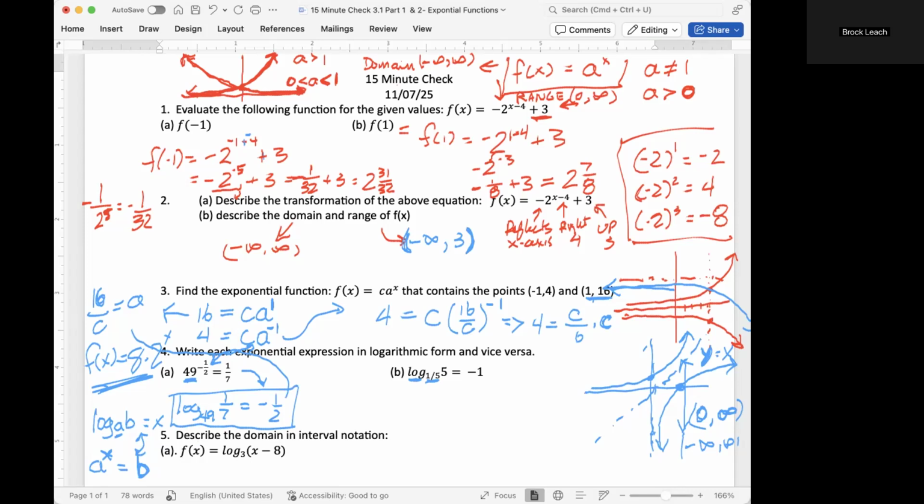In a log form, we're looking at the base and we're saying this base to what power results in B. So 1/5 to this power, -1, is equal to 5. And we can see that makes sense because if we're raising something to a negative power, that always flips a fraction. If we have a whole number there, it moves it to the denominator part. So with our mentality right now, that is probably the easiest way for us to picture that.